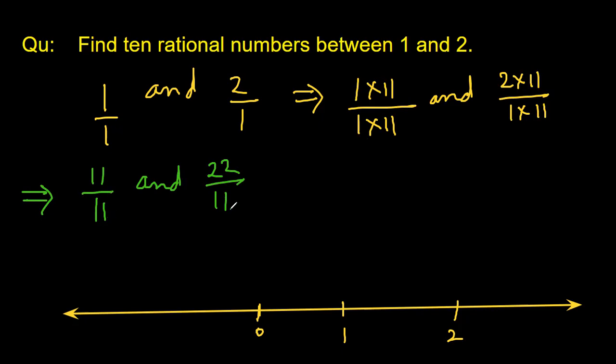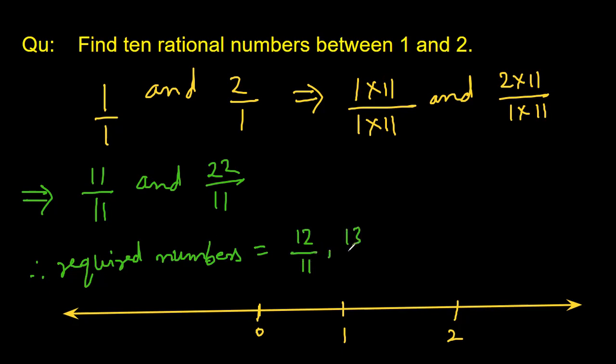As you see, the denominator is the same, therefore the required numbers are, after 11 by 11, the next number is 12 by 11, 13 by 11, and you go on, 14 by 11, 15 by 11, 16 by 11, right?